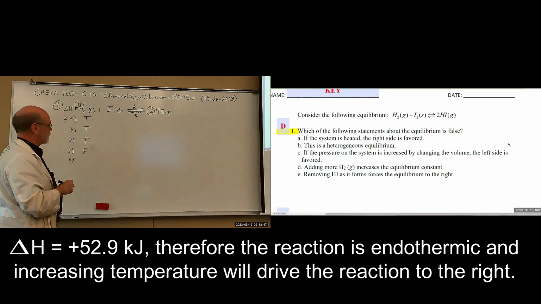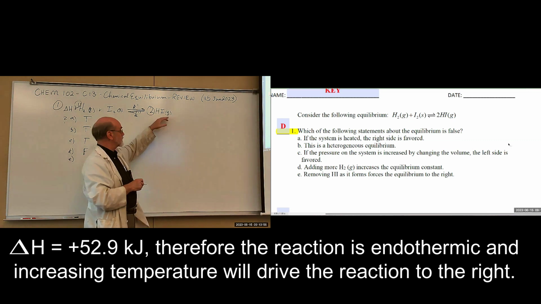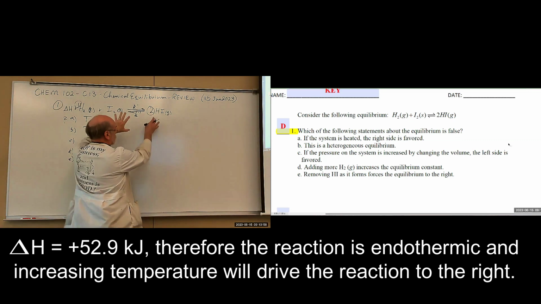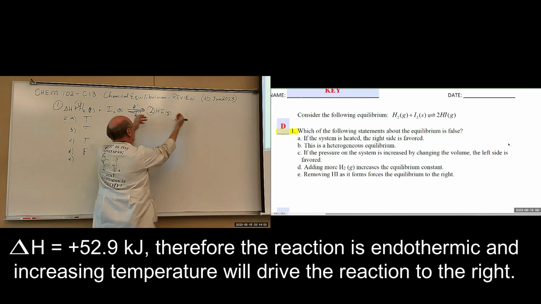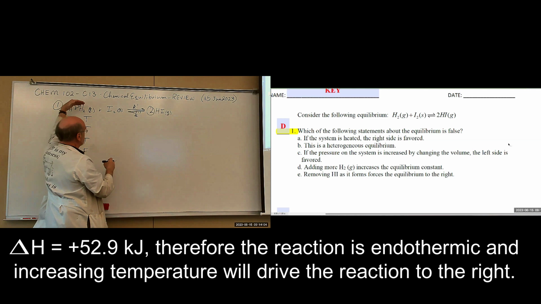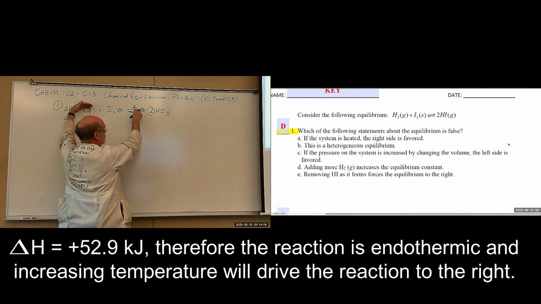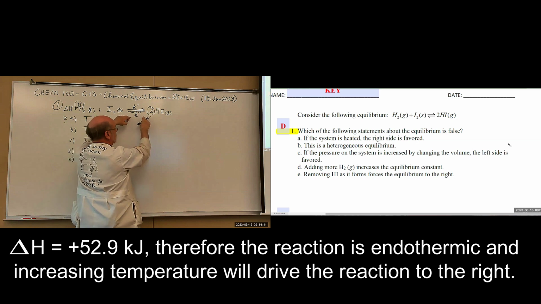So the last one is probably true also. Removing HI as it forms forces the equilibrium to the right. That's true. When you remove this, then there are fewer of these to go reverse. Right? So this reaction rate remains unchanged, and this reaction rate decreases.